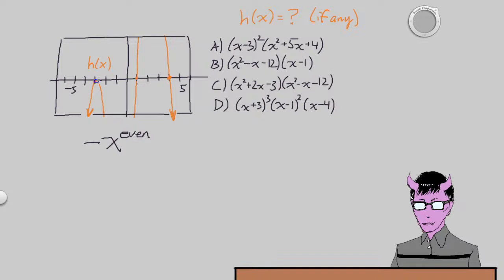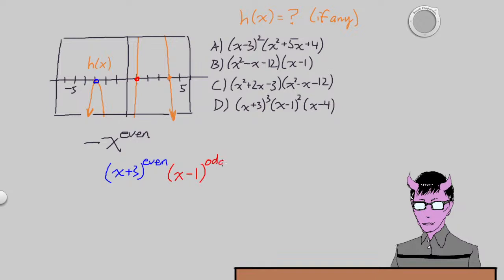Let's just make note of the zeros as well. This one is a zero located at -3, so the factor is x plus 3. It's going to have an even multiplicity. So I'll write it like that, and then this one has an odd multiplicity. That particular zero is at x is equal to 1, so that means the factor is x minus 1.